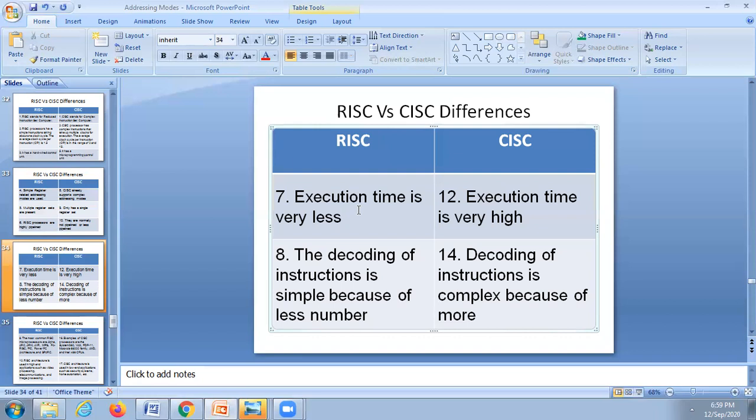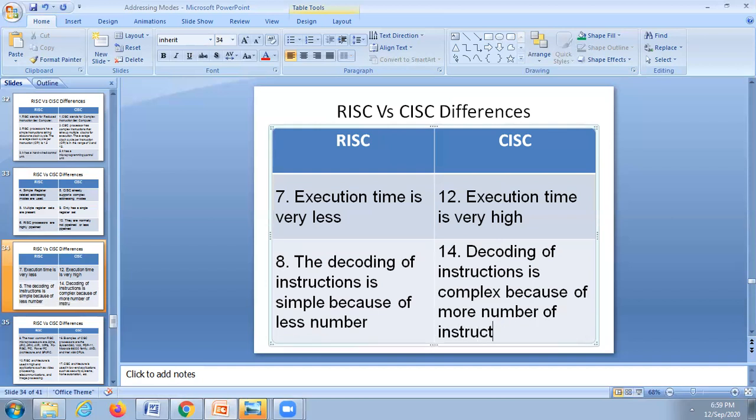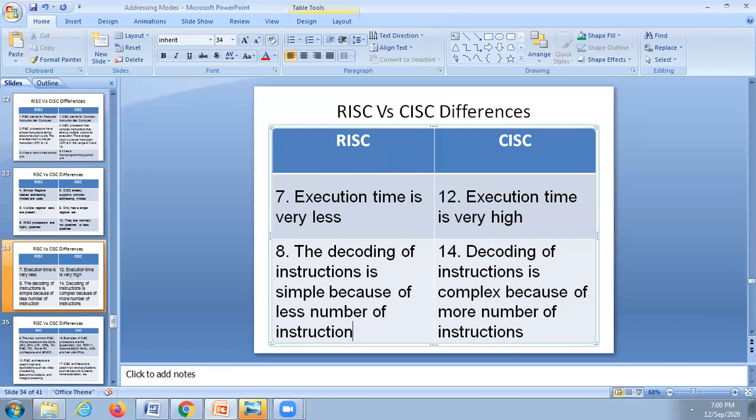The decoding of instruction is simple here because of fewer instructions. Here, decoding of instruction is complex because of more number of instructions. Because of this reason, this will be very fast, this will be slow.